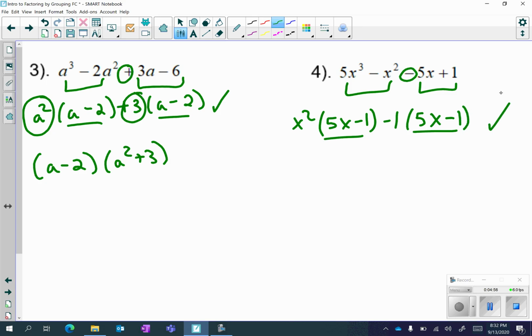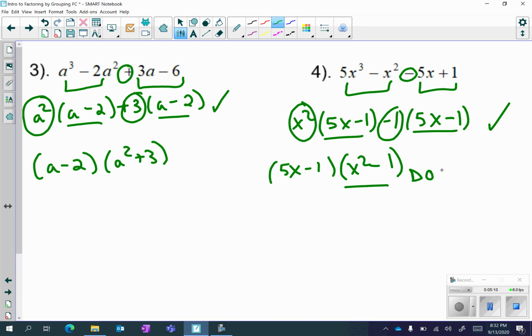Insides are good. Take your leftovers. And of course, check for additional factoring like you have in this case, right? Because this is a difference of squares again, just like in example 2. And you're done.